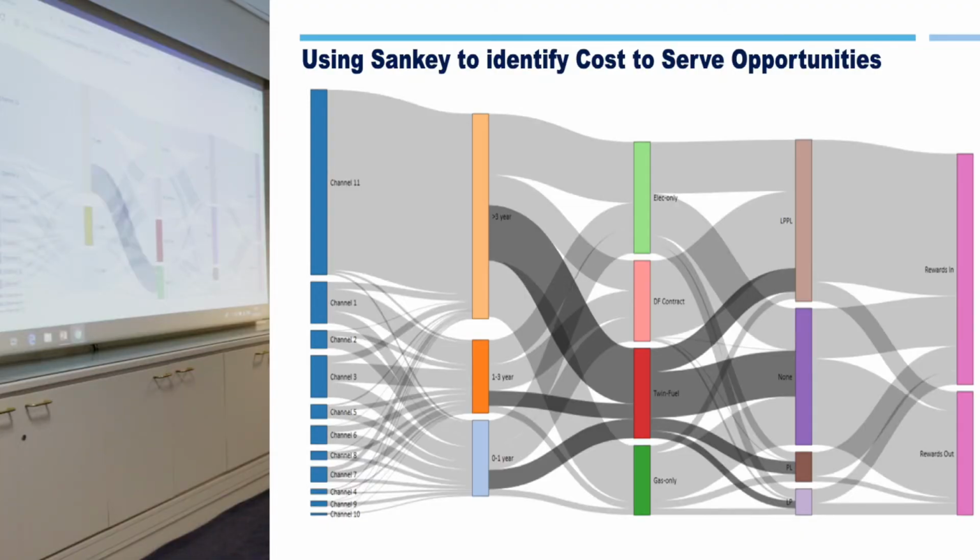For identifying business issues, operational issues, we also use the same report. And if we look here at, say, our dual fuel contracts, we know that our dual fuel contract should have a level pay and paperless billing.